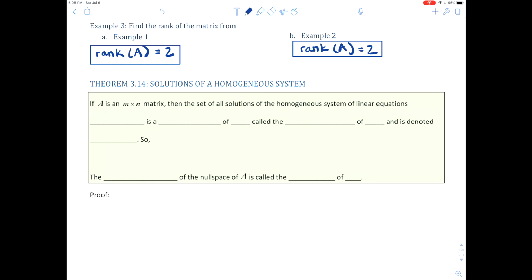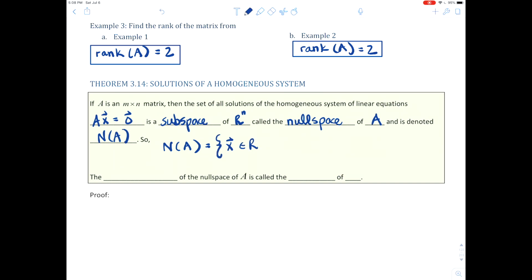If A is an m by n matrix, then the set of all solutions of the homogeneous system of linear equations, A times the vector x is equal to the 0 vector, happens to be a subspace of Rn, called the null space of A, and is denoted capital N of A. So the null space of A is equal to the vector x that belongs to Rn, such that A times the vector x is equal to the 0 vector.